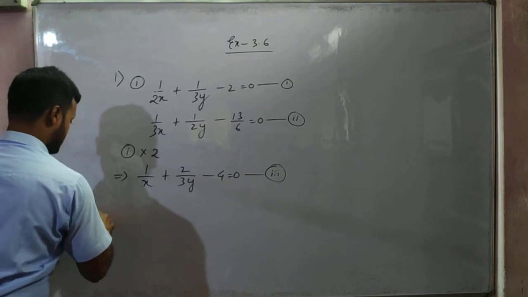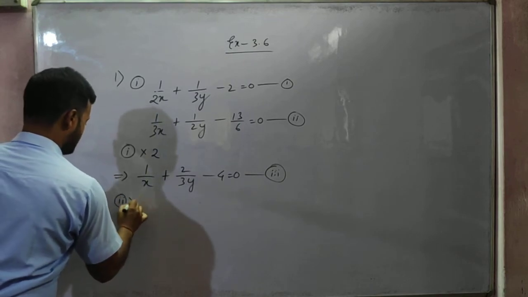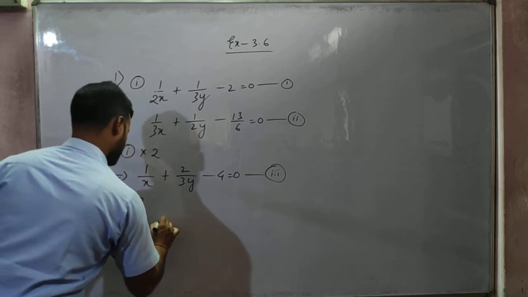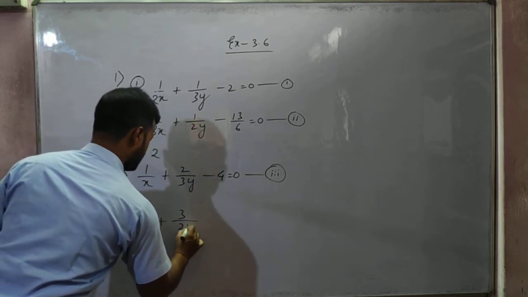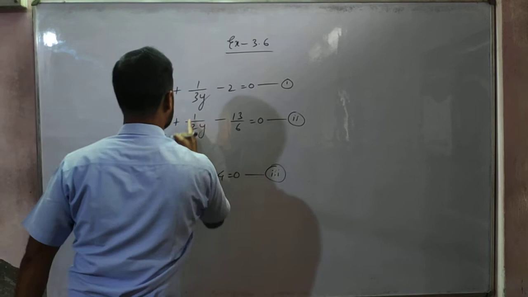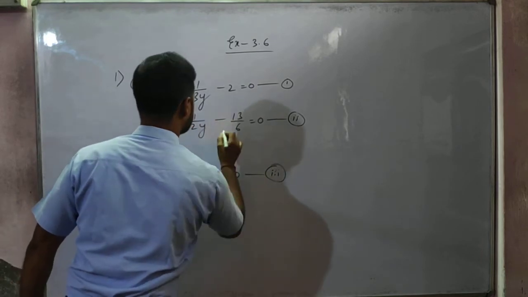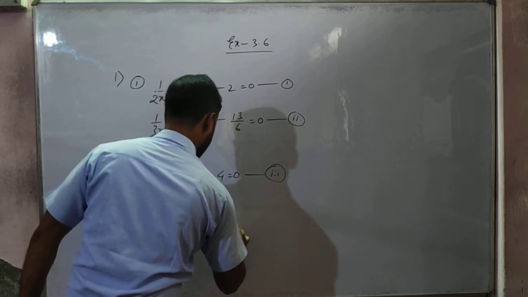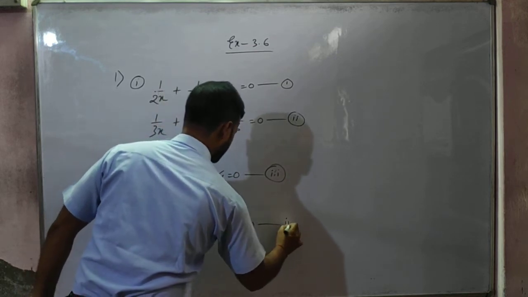And the next equation I will multiply by 3. So this will become 1 by x plus 3 by 2y minus 13 by 2 is equal to 0, mark it number 4.